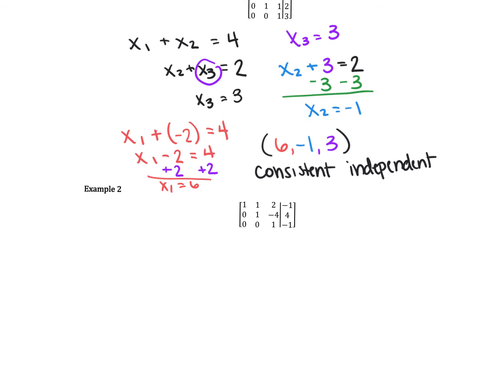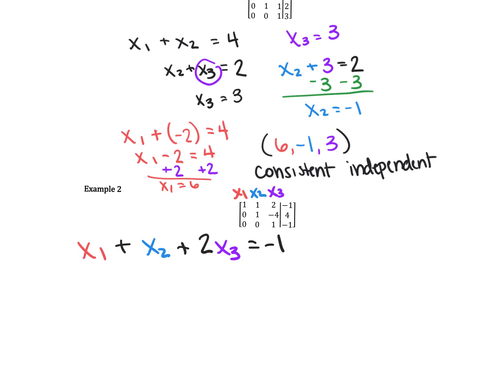Again, we can write out the variables here. Here is x1, here is x2, and here is x3. So we write this out. We have x1 plus x2 plus 2x3 has to equal -1.